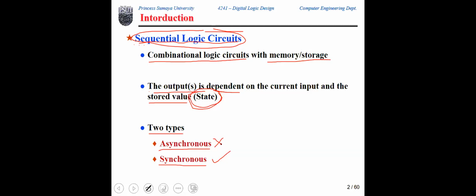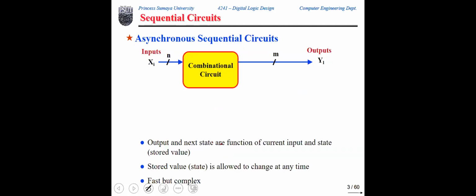However, let's look at the difference between the asynchronous and synchronous sequential logic circuits. So for the asynchronous sequential logic circuits, the block diagram is basically a combinational logic circuit. So it is a sequential logic circuit, so it has a combinational logic component.